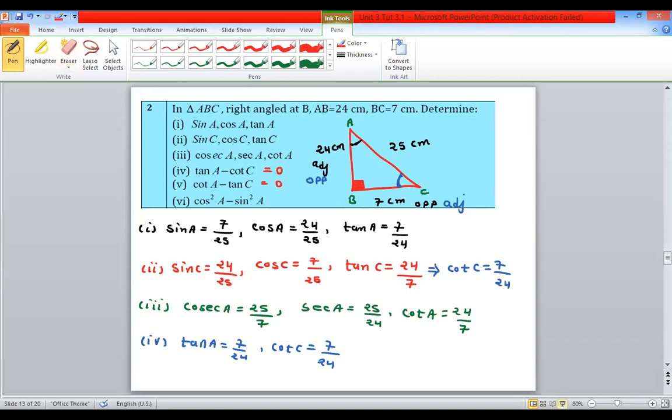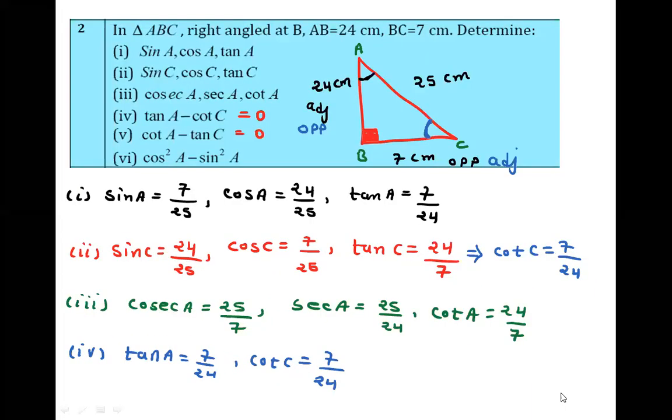And the last, cos square minus sin square. Cosine, sine, if both you have, take the square and subtract.